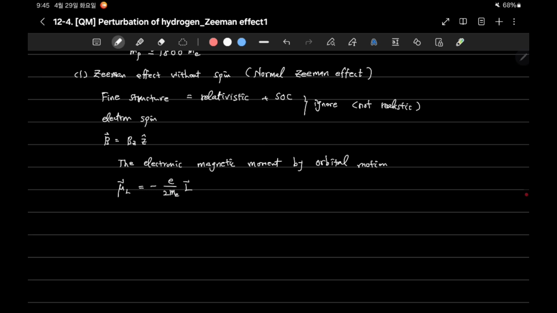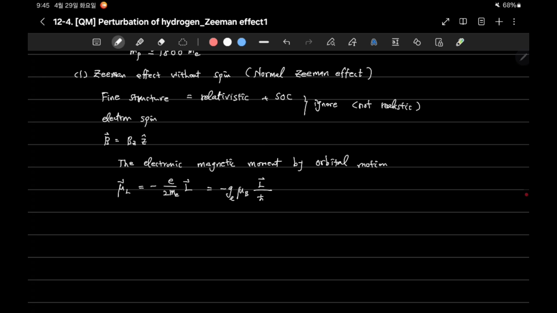2 m_e multiplied by the orbital angular momentum. From the quantum mechanical point of view, this magnetic moment in terms of the orbital quantum number can be written as minus mu B L over h bar. Here we should multiply by the gyromagnetic ratio.